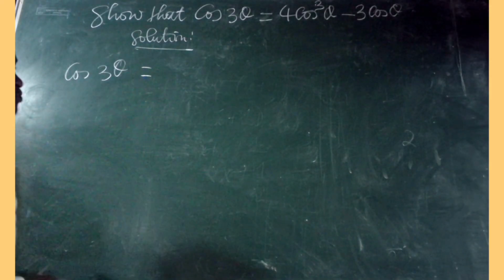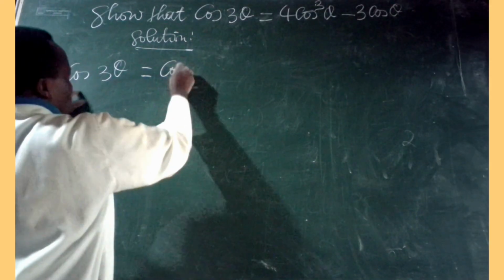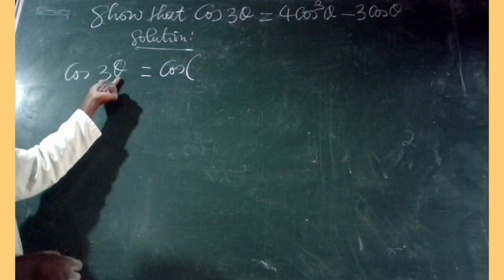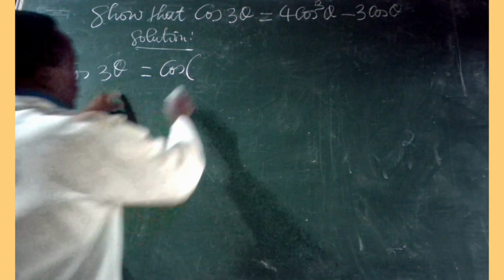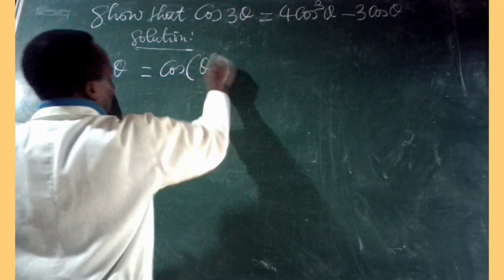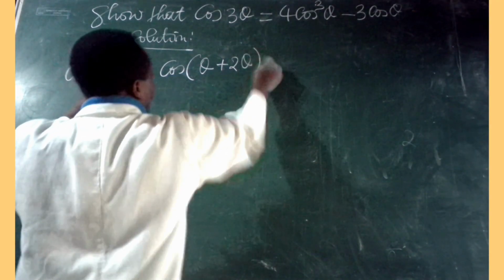Now this should be equal to cosine of, you have to change this 3 theta into two terms, which is theta plus 2 theta.